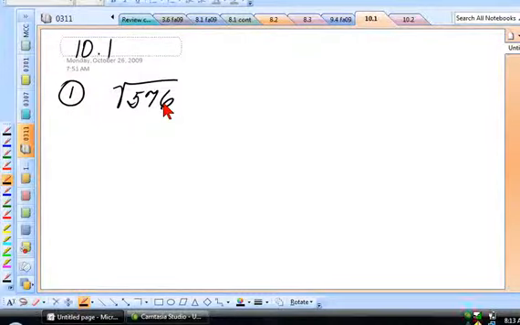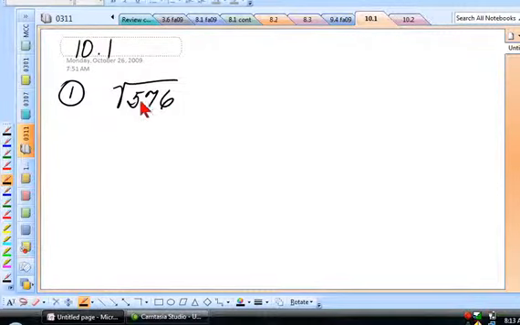Now, a couple of ways you could do it. You could guess and check. Well, it must be a pretty big number that would have to be squared to give you 576. Or you can use your calculator. You should be able to find a key on your calculator that does square roots. And it's different on different calculators. I can talk to you individually about it, but there's no way I can make a global statement about that.